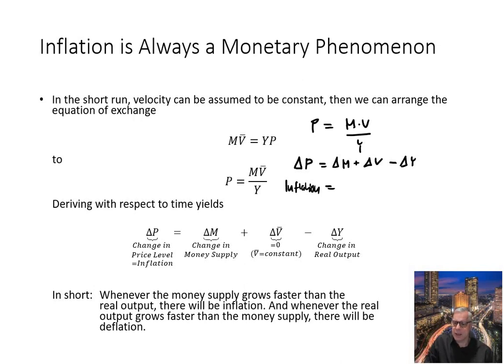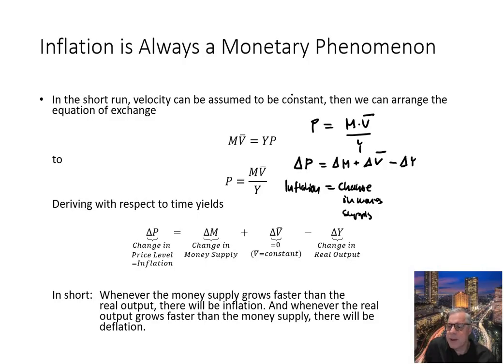Okay, delta M, that is the change in money supply. Then delta V is the change in velocity, but because velocity is constant, a constant doesn't change over time, so that is still zero.